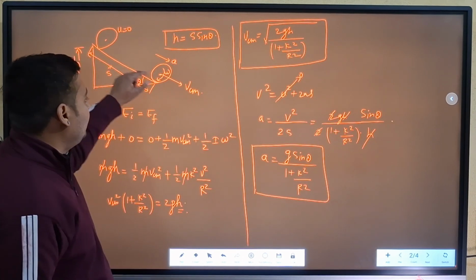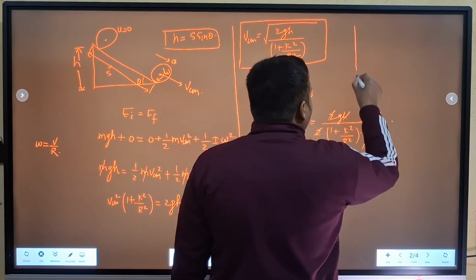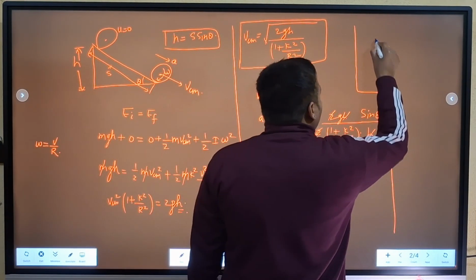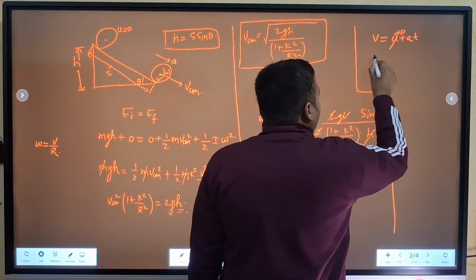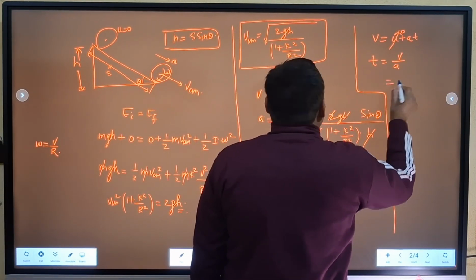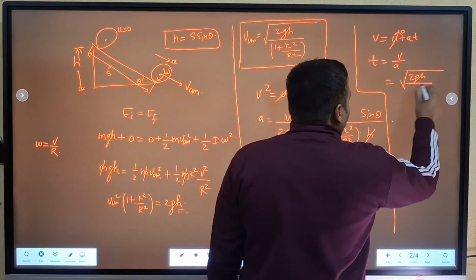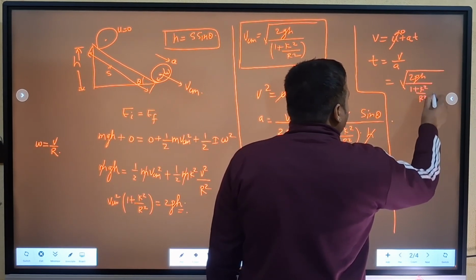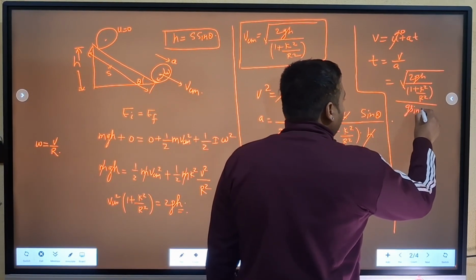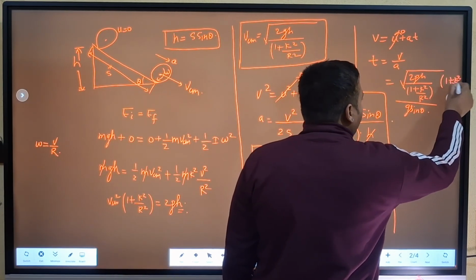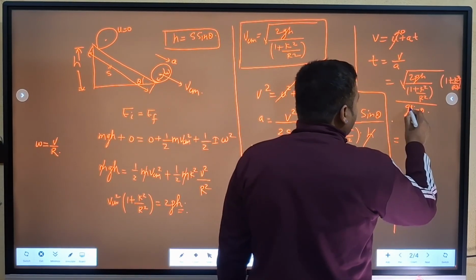Next we want to calculate the time taken. For time taken we will apply the kinematic formula v = u + at. u is initially 0, so time will be equal to v by a. v is equal to under root 2gh (1 + k²/r²), and acceleration we calculated as g sin theta divided by (1 + k²/r²). So the (1 + k²/r²) will be cancelled, and the root value and g value will be cancelled.